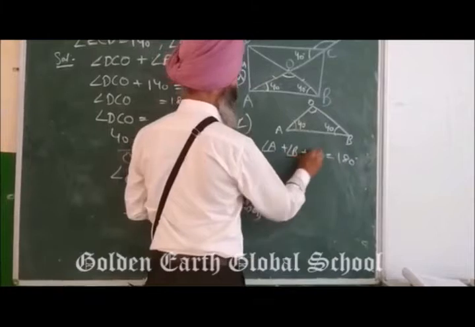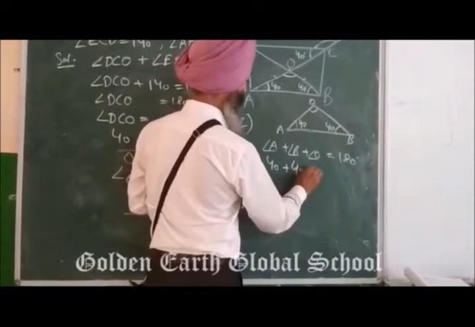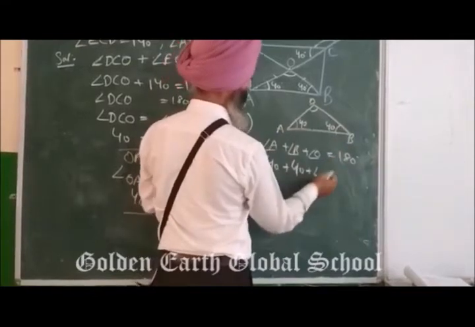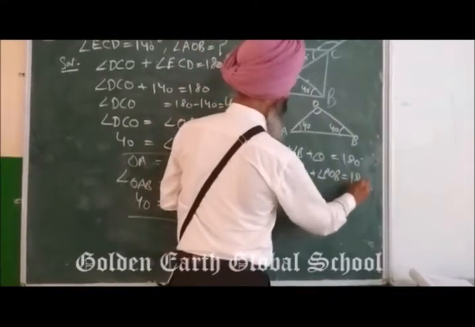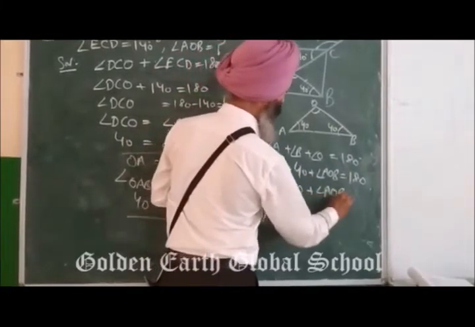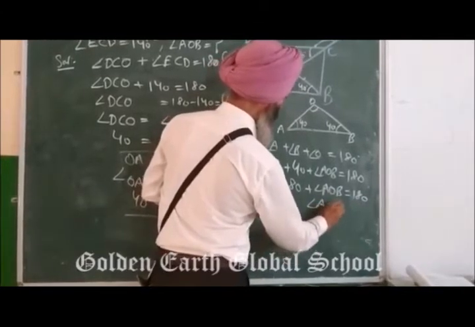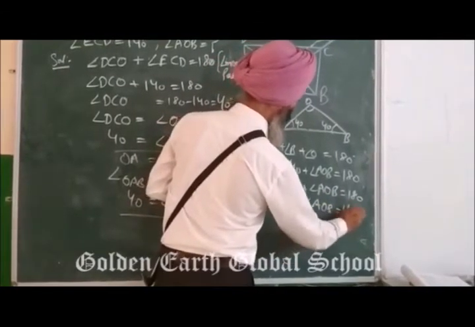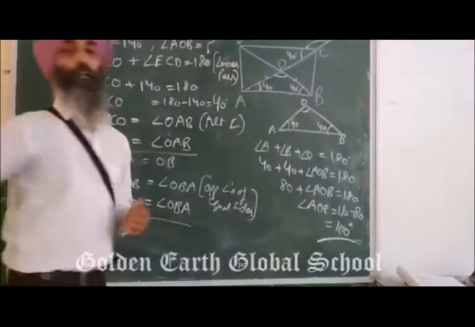You can put angle A is 40, angle B is 40, angle O or AOB. Now add, it is 80, and angle AOB would be 180 minus 80, that is 100 degrees. So your answer is 100 degrees.